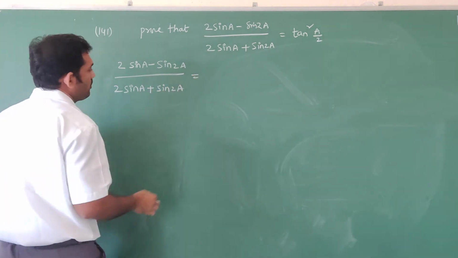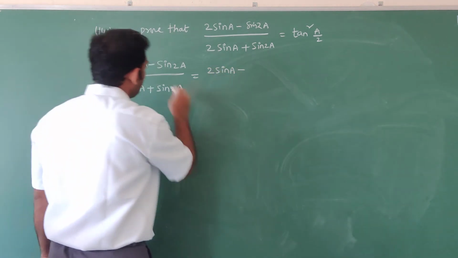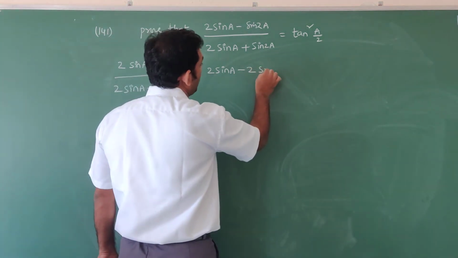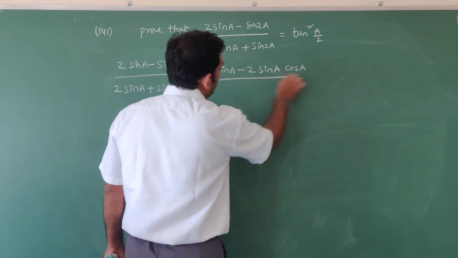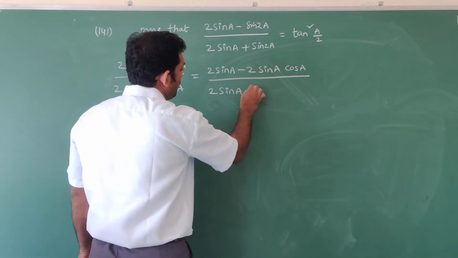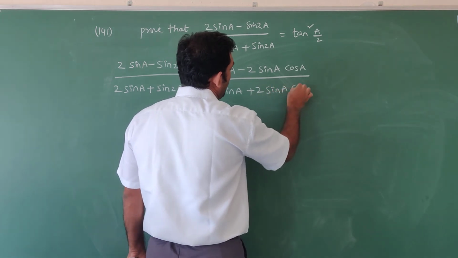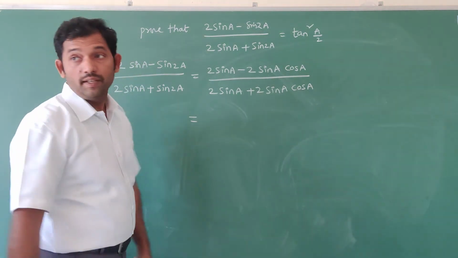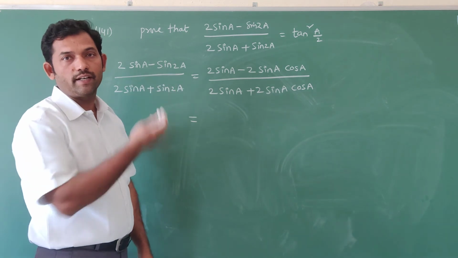So it is equal to 2 sin A minus 2 sin A cos A, divided by, same like that, 2 sin A plus 2 sin A cos A. See here, 2 sin A is common in the numerator and denominator.